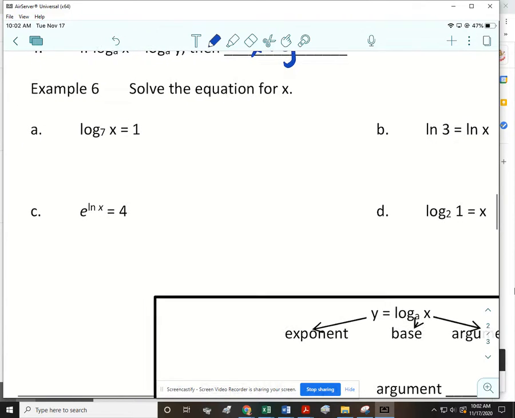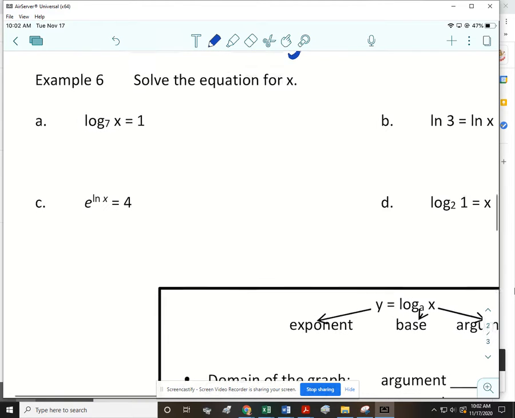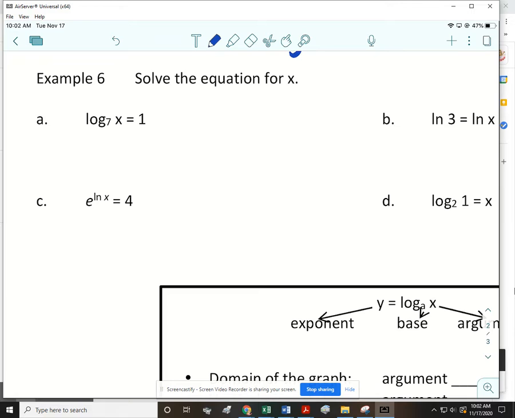Okay. So in example 6, we're using the properties above. So I'm going to write down which property it is, and I would ask you to do the same thing just so you don't get confused if you need to look back at it later. But for a, we're trying to figure out what x is. So we have log base 7 of x equals 1.